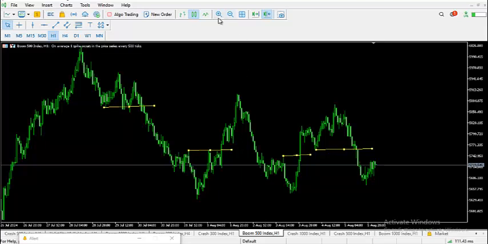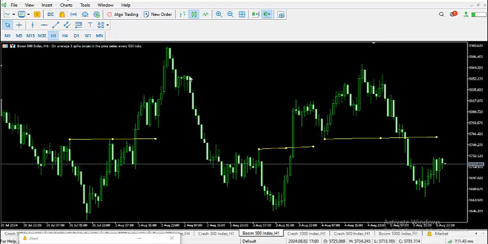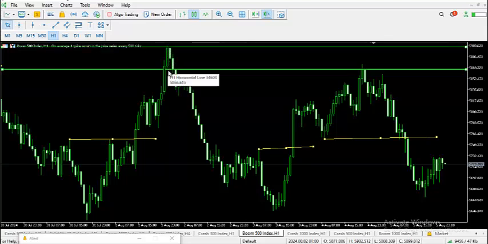So from those extremes, you want to see if there are other blocks there. For this very extreme, there is another block here, which is this. Okay, this is another block, this very green or black candle, whatever color it is on your chart. So this is an order block.